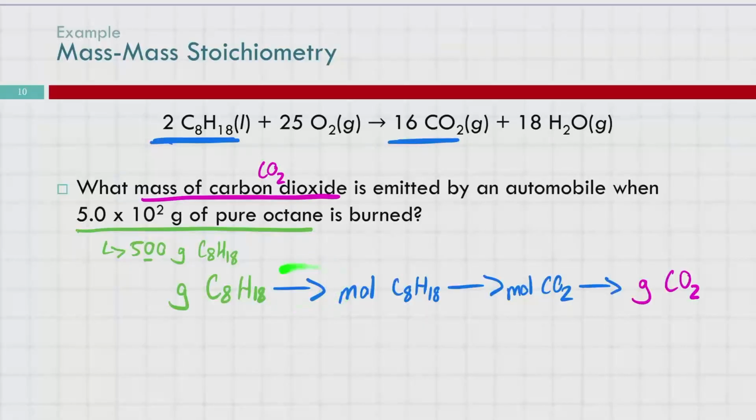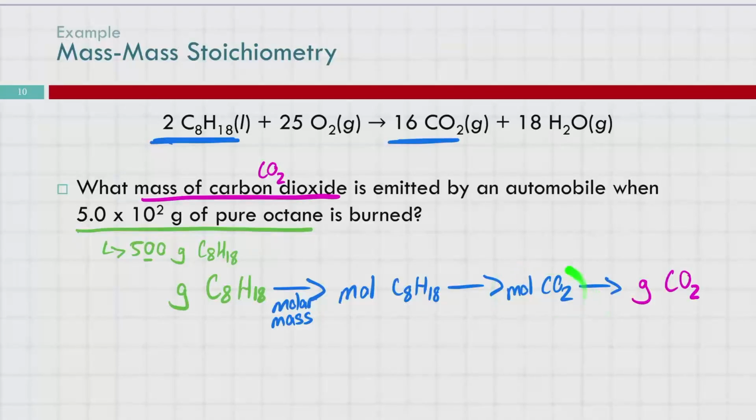To accomplish each of these steps, each of these arrows, we're going to need some numbers, some conversion factors. For our first arrow, for going from grams to moles, what do we use? Some type of mass. Molar mass. So we need the molar mass.